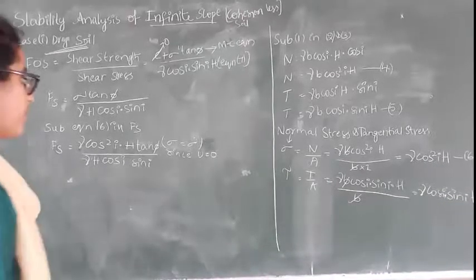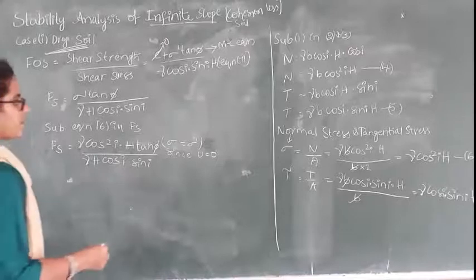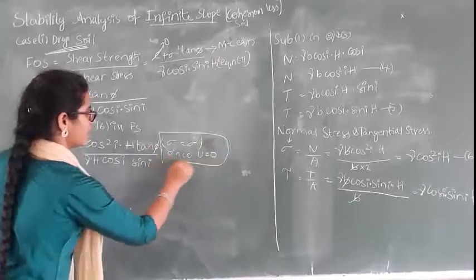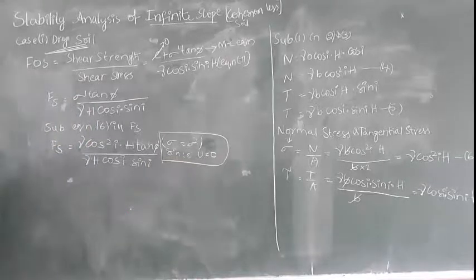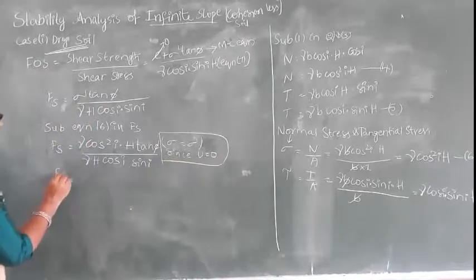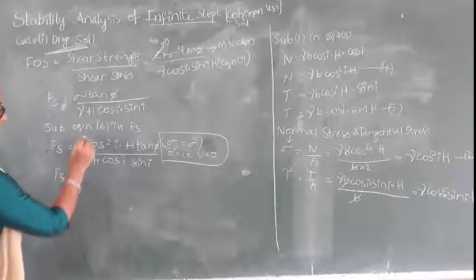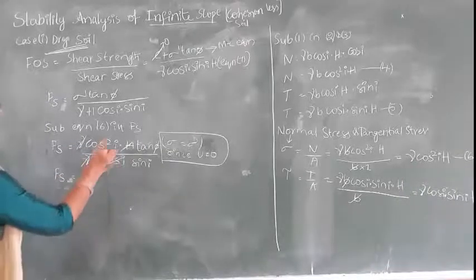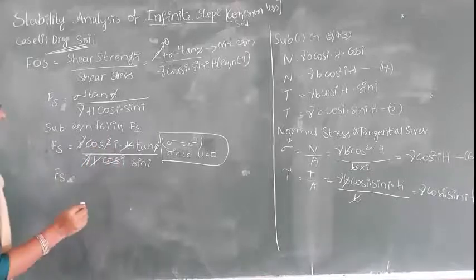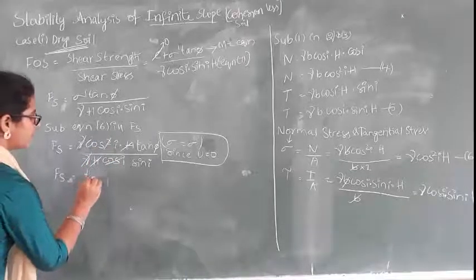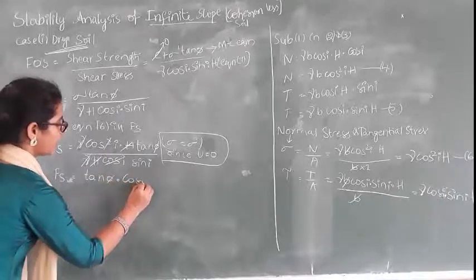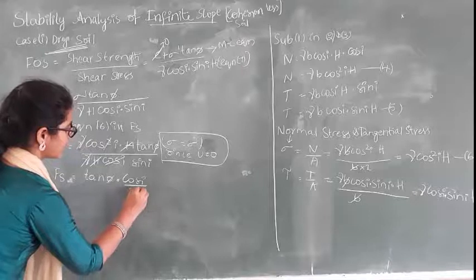Let us simplify the equation now, students. Fs is equal to, gamma gets cancelled, H gets cancelled, one cos i gets cancelled. So you will be left with tan phi into cos i by sin i.